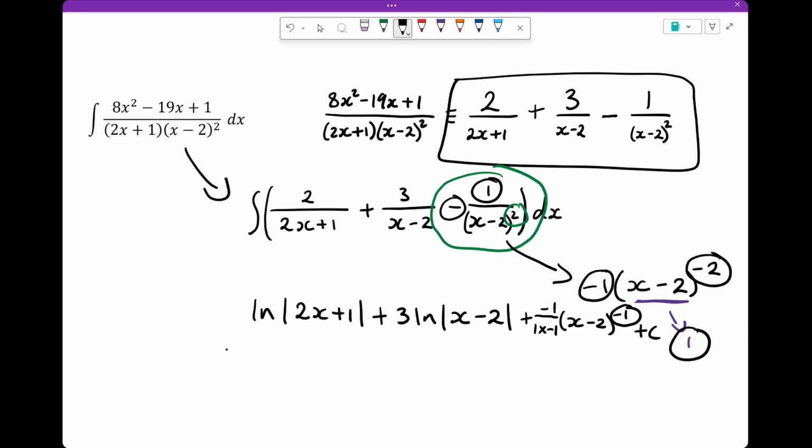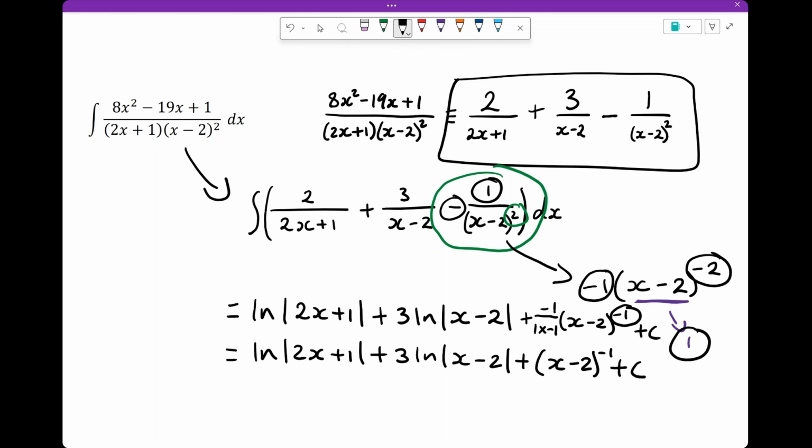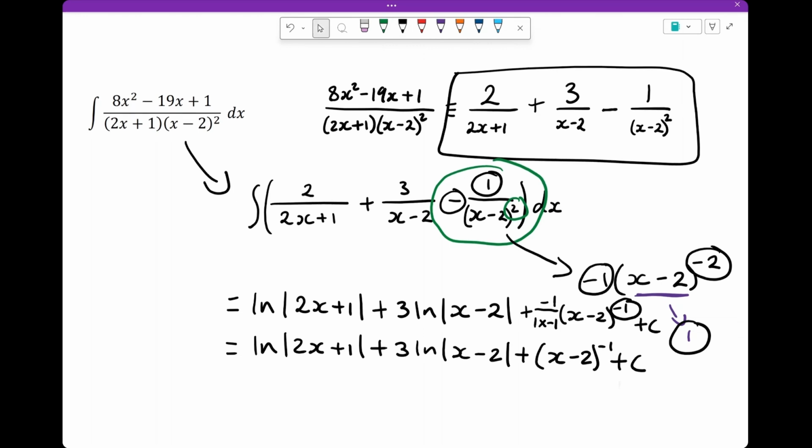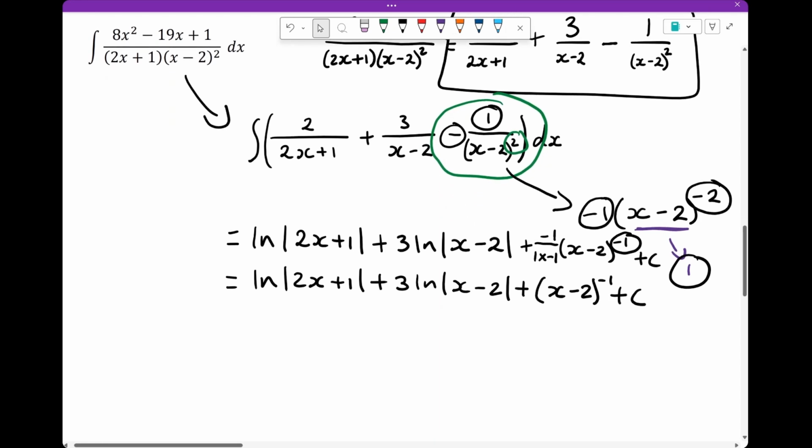Okay, because what we're going to get is the natural logarithm of the modulus of 2x plus 1, plus 3 times the natural logarithm of the modulus of x subtract 2. And then this fraction here is just going to simplify to positive 1. So we'd have plus x subtract 2 to the power of negative 1 plus c, like that. Now let's also consider how we can combine our two log terms together.